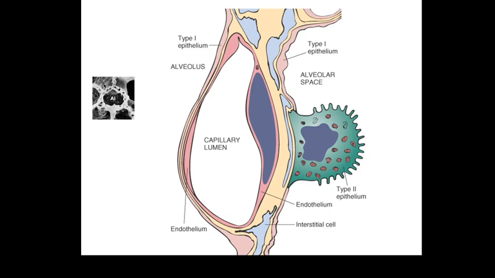So this diagram shows the microscopic structure of the alveolar wall or alveolar septa, showing the capillary lumen, the capillary endothelial cells, then the basement membrane, and finally the alveolar epithelium, which consists of these thin plate-like blue cells, that is the type 1 pneumocytes, and the rounded type 2 pneumocytes. And there is an interstitial space between the capillaries and the endothelial cells.